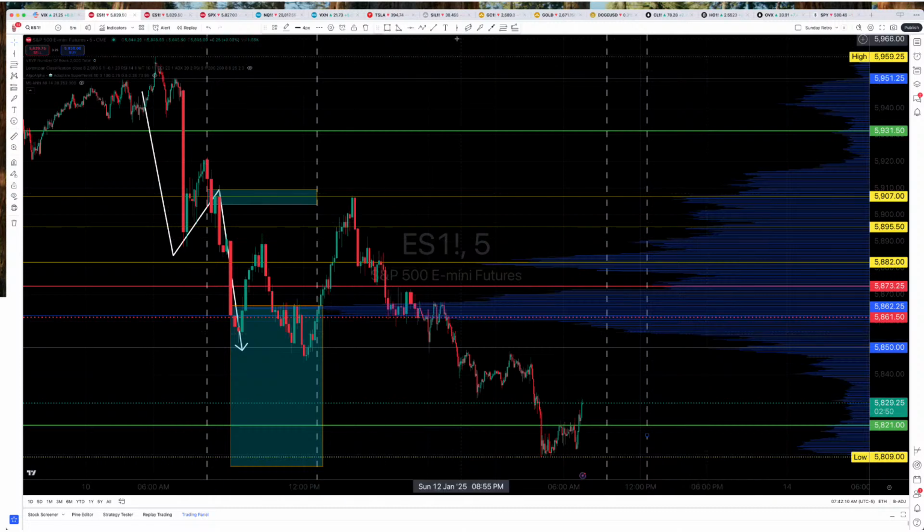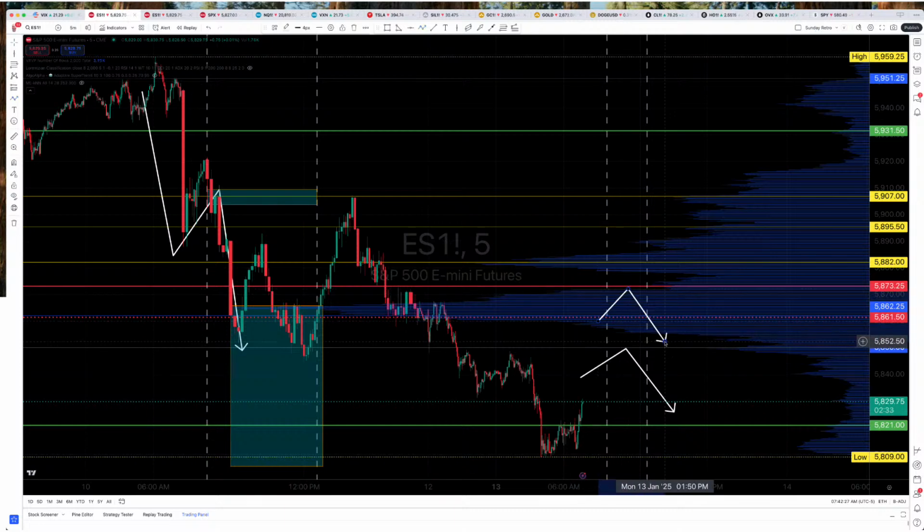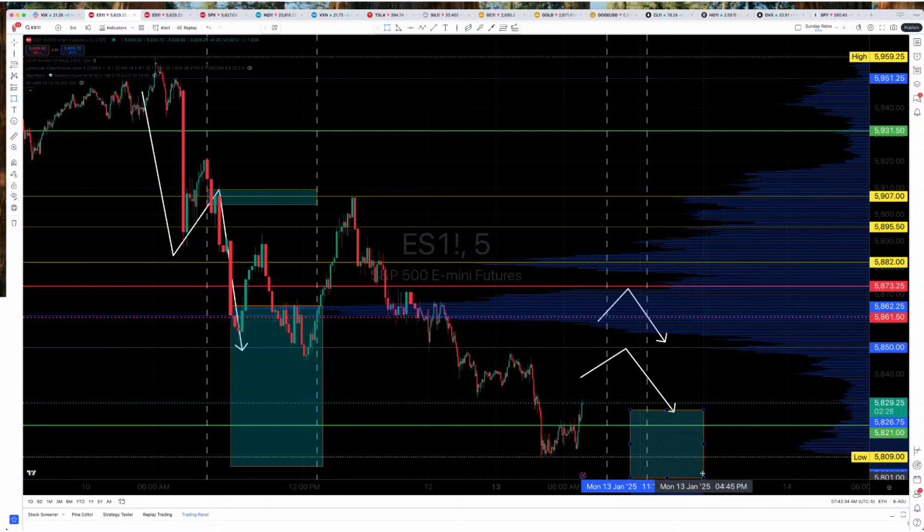Now, what this means is that we're going to be looking for a move up into one of these nodes like this. We're expecting price to find resistance, or even in the top of the node like this. And when that setup occurs, that's when we take an out of the money fly, and then we'll be putting that down below, somewhere down here, right?